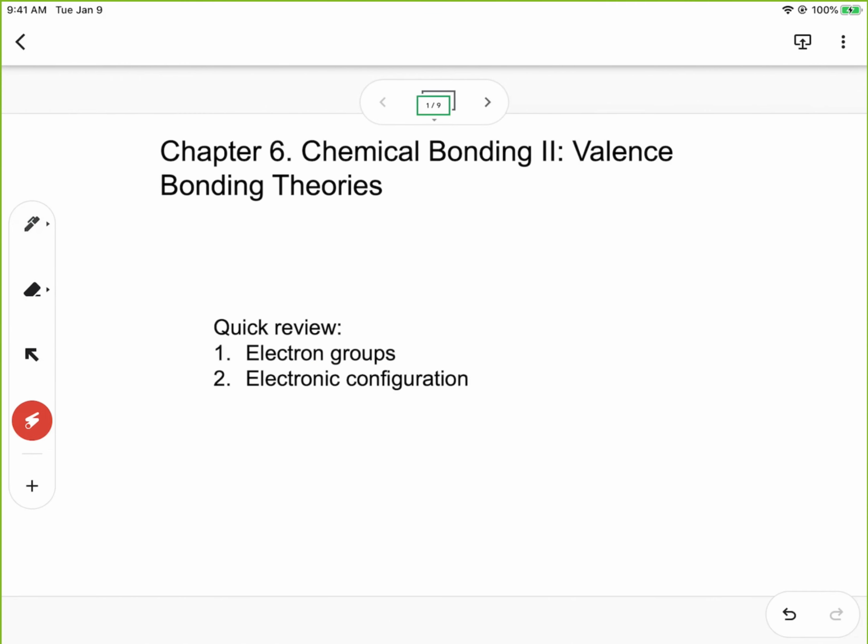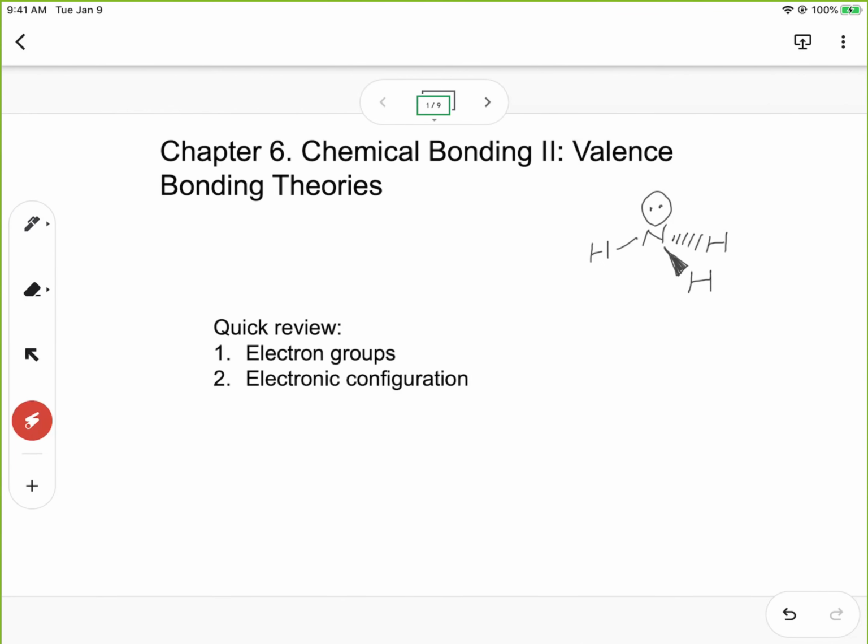How do we define electron group? Well, let's use ammonia as an example. Here is the Lewis structure with its three-dimensional geometry of ammonia, NH3. We know that the name of the molecular geometry is trigonal pyramidal geometry.